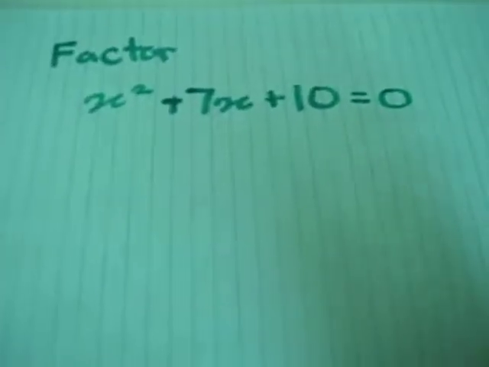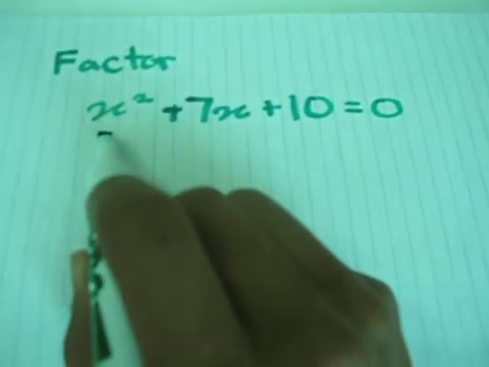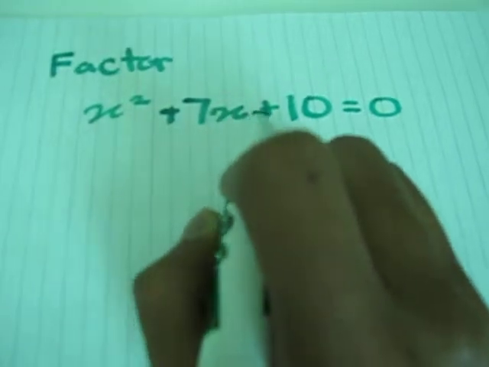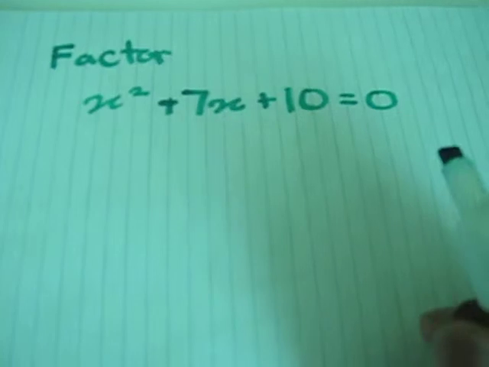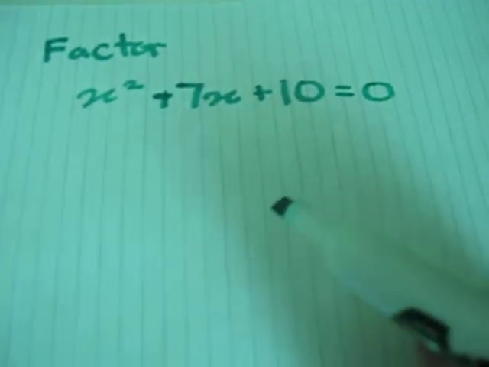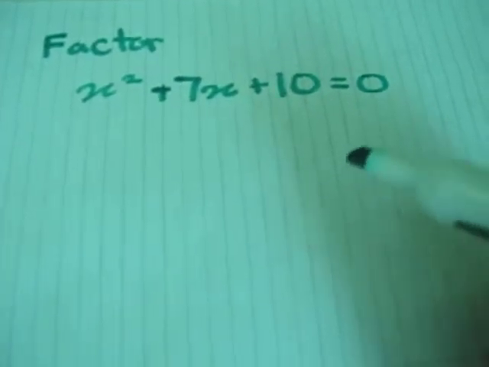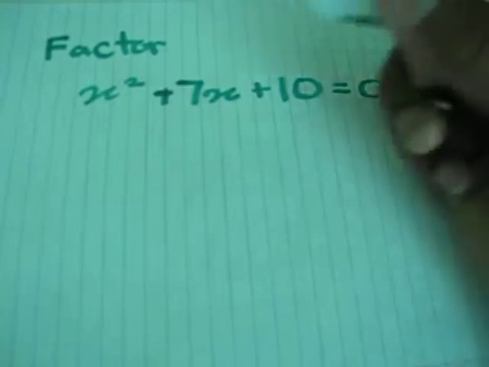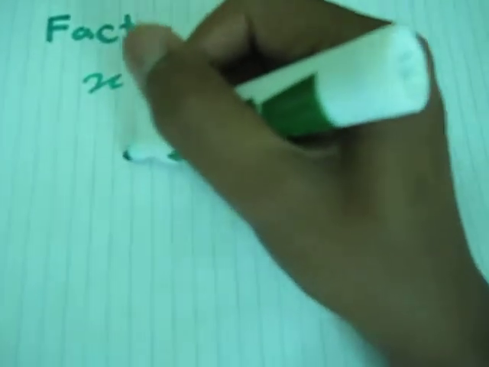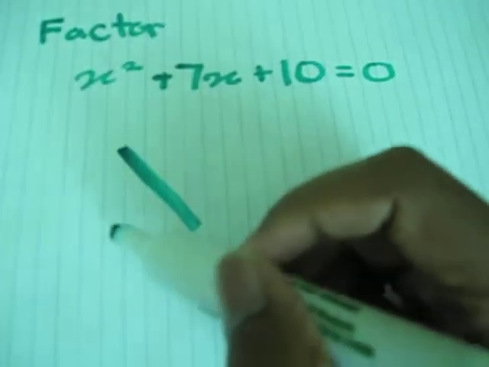Okay, so we're asked to factor the problem x squared plus 7x plus 10 equals 0. Now, I'm going to show you in this video the crisscross method of factoring this problem. So what we're going to do is draw a crisscross.